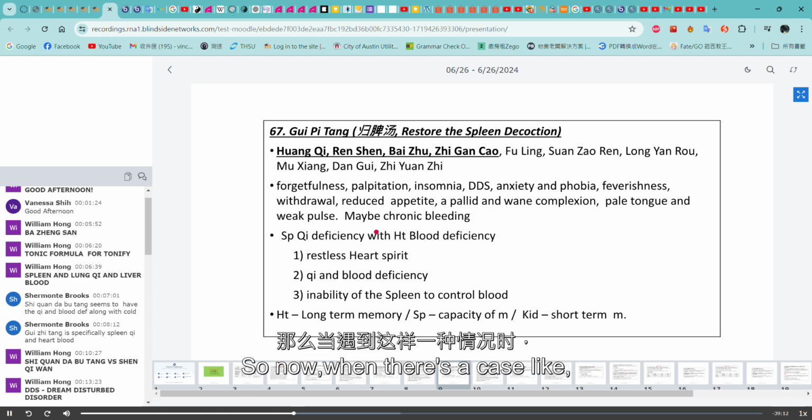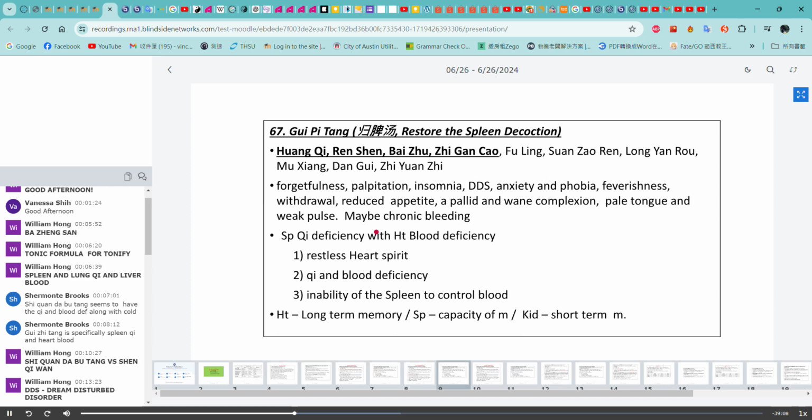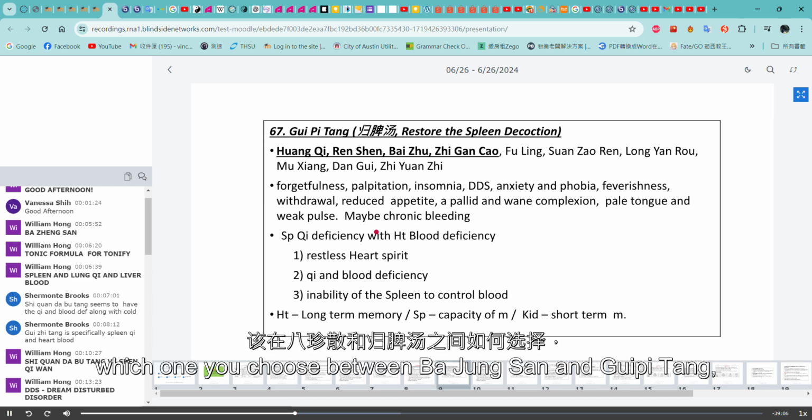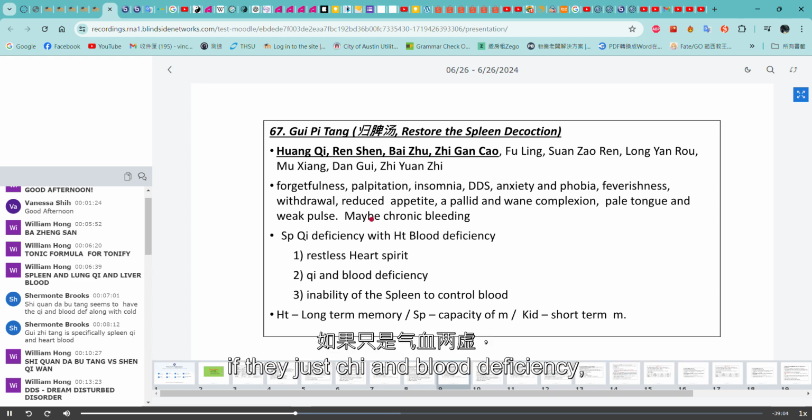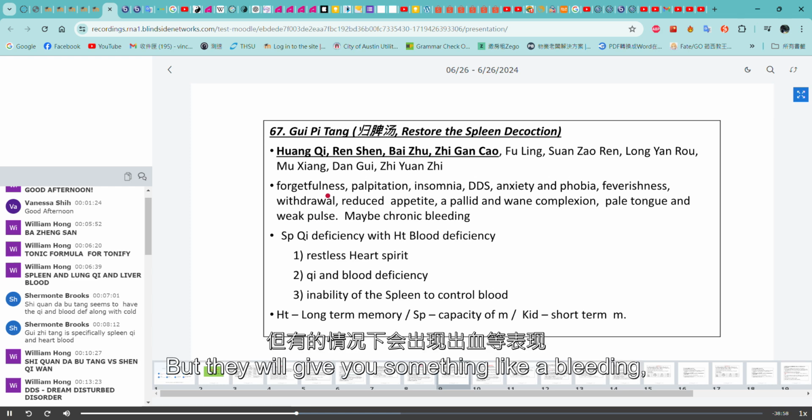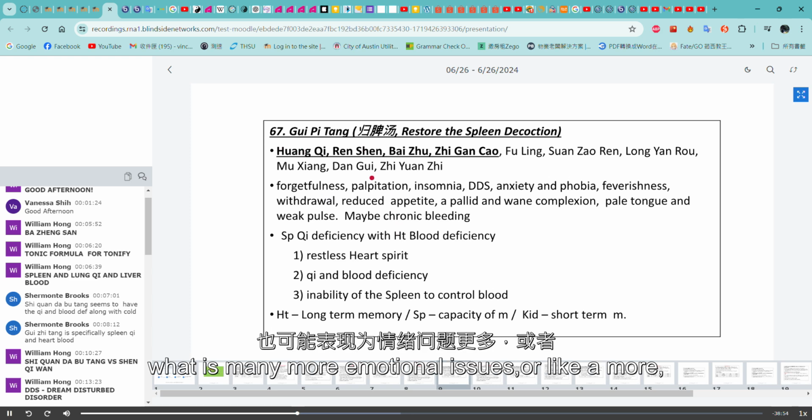So now, when there's a case and you have to choose between Bajentang and Guipitang, if they just show Qi and blood deficiency, it is difficult to differentiate. But they will give you something like bleeding, or more emotional issues.